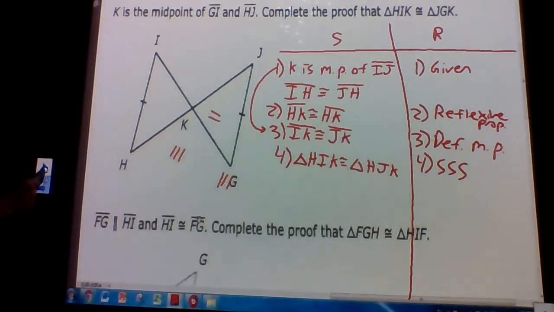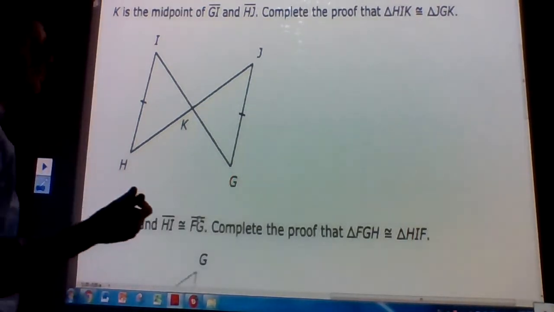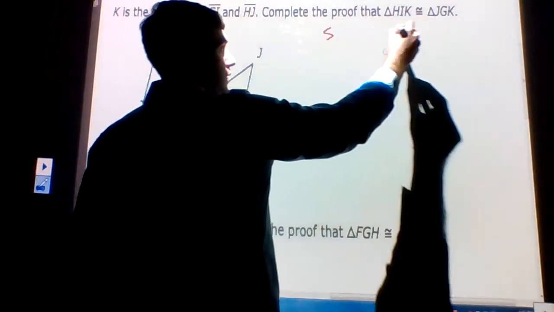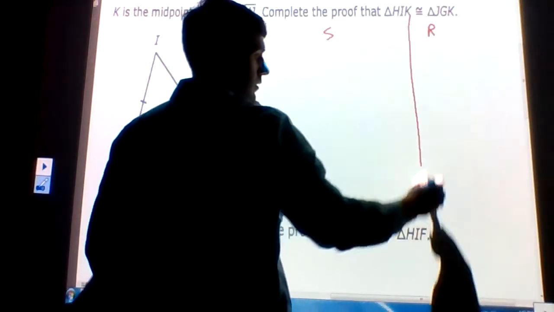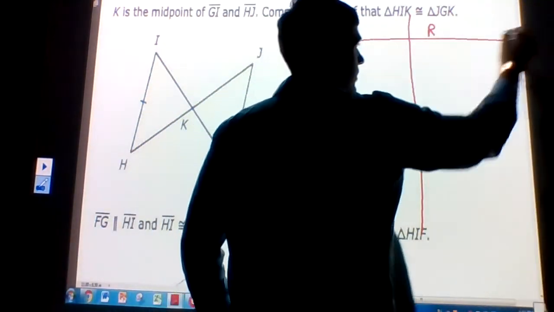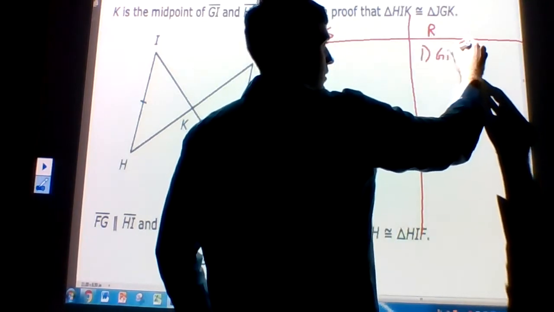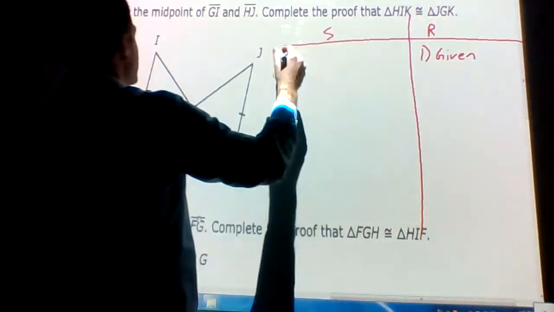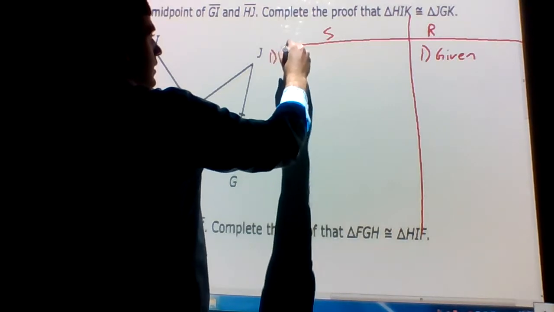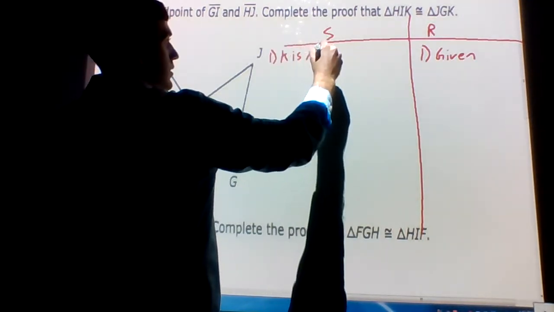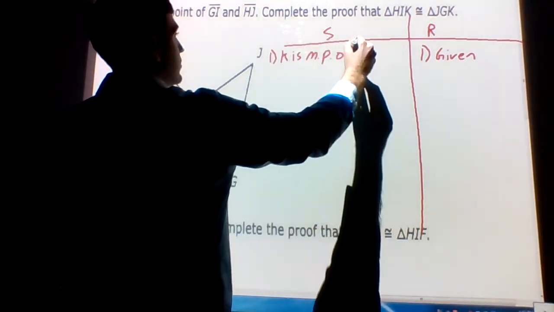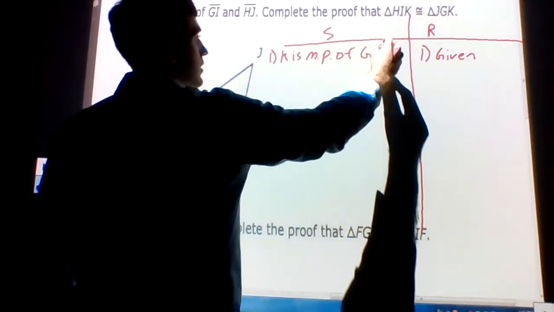Okay. We have statements and reasons. So statement number 1 here is your given. So we're given that K is the midpoint of GI.